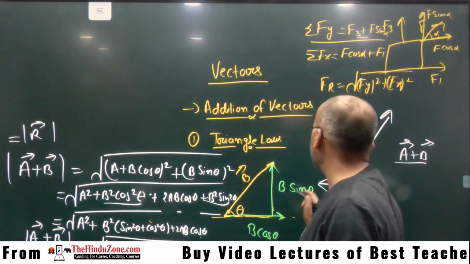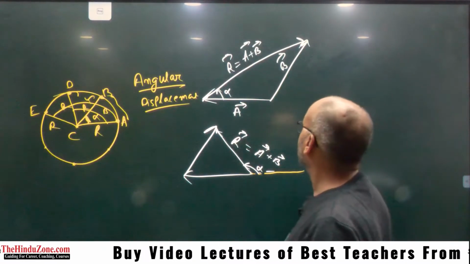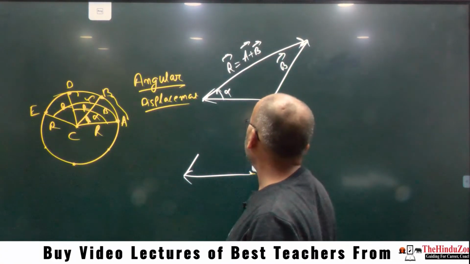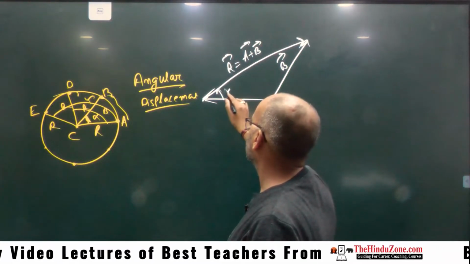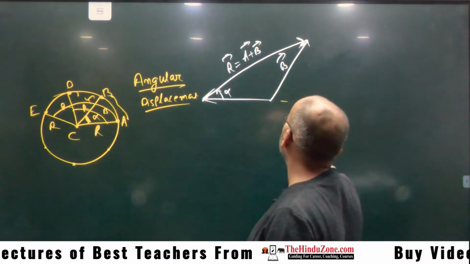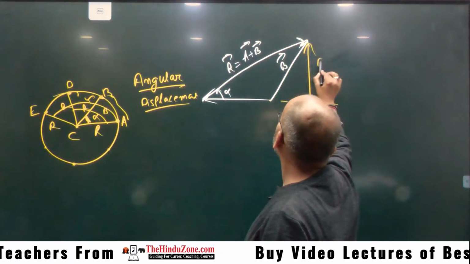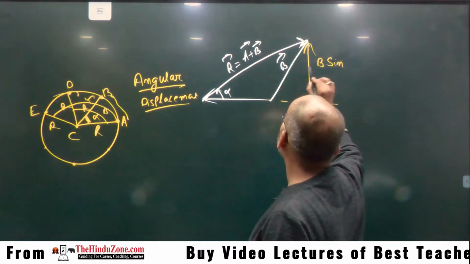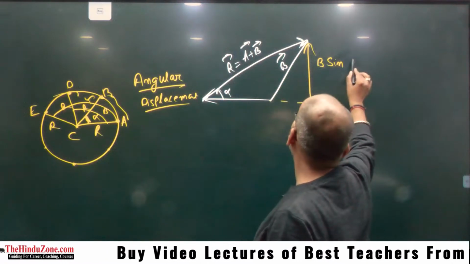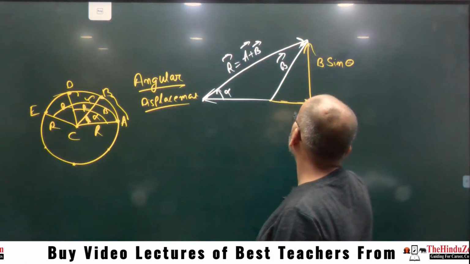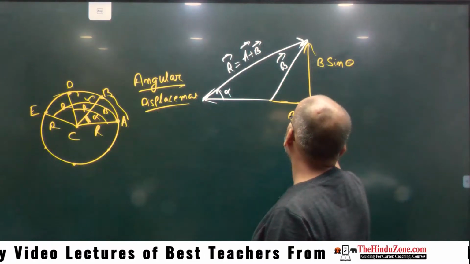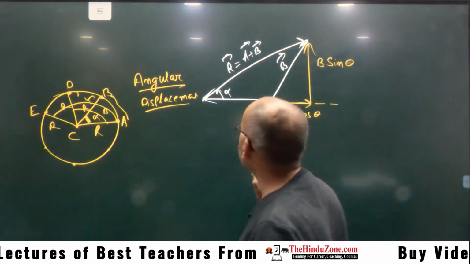So, here please see. Now, if I talk about alpha, okay, so how we can calculate alpha? What was this? B sin theta, B cos theta, right?